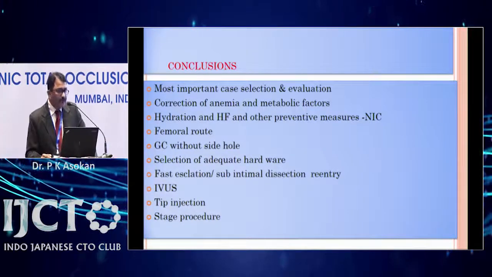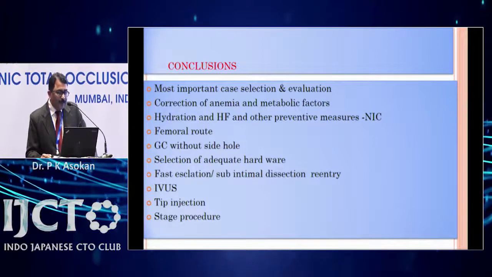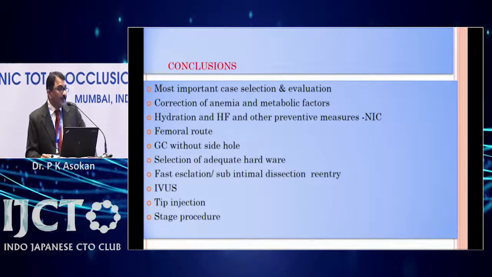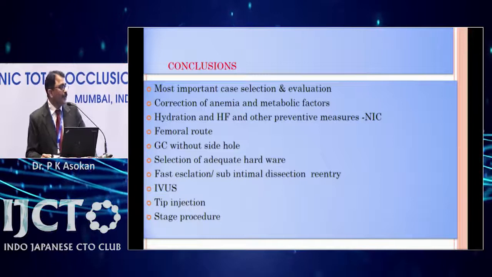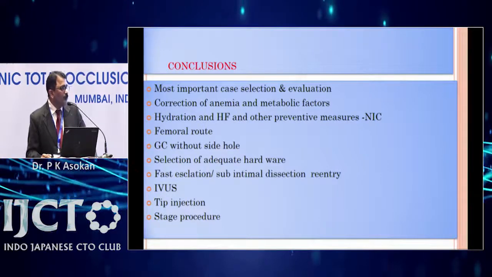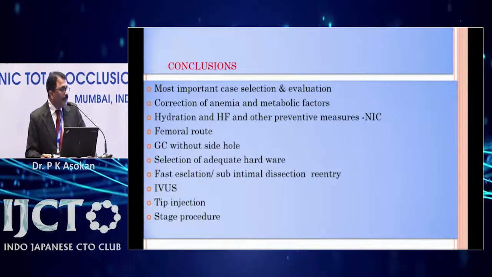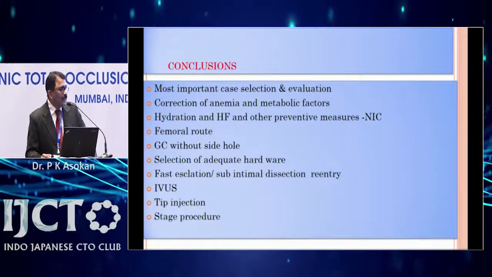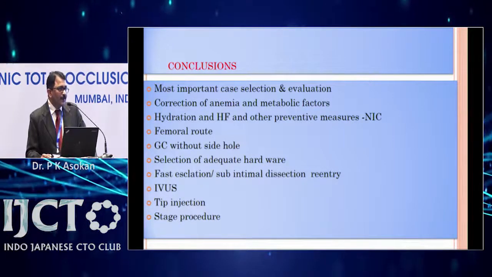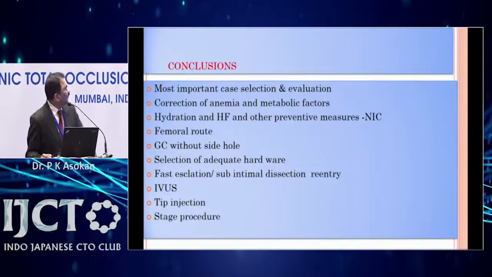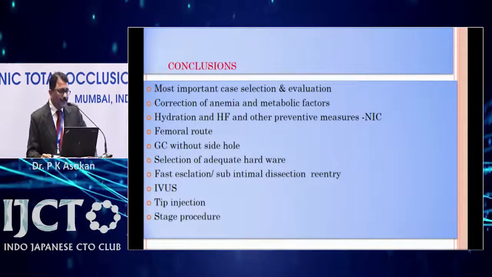Should hydrate the patient before the procedure. Hemofiltration as a preventive measure if the patient has LV dysfunction or congestive cardiac failure, where you cannot give more intravenous fluid. Femoral route is preferred in these patients rather than radial route, because you may have to use the radial fistula in these cases sometimes.